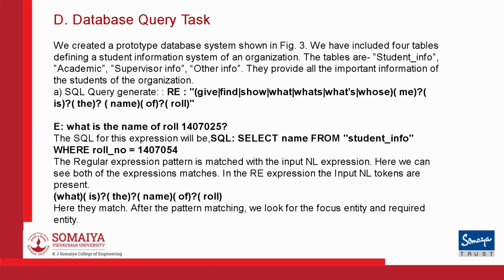Now here is a question which will help us understand further. The question is, what is the name of roll number 1407025? The SQL expression for this will be SQL select name from student info, where roll number equal to 1407025. The regular expression pattern is matched with the input NL expression.